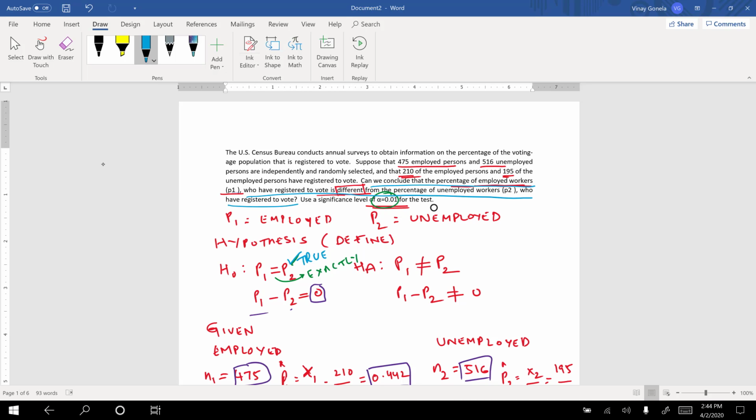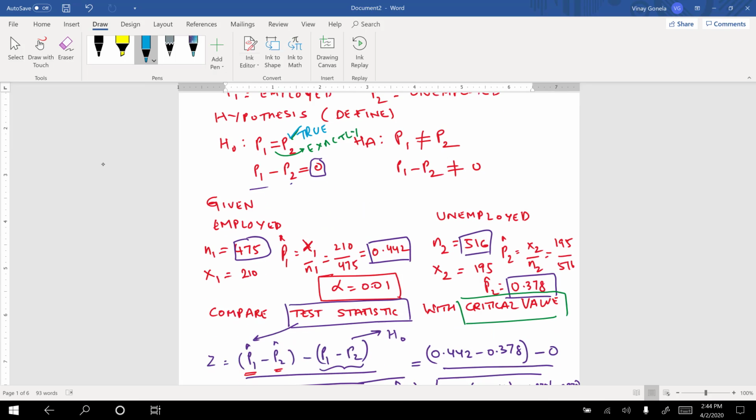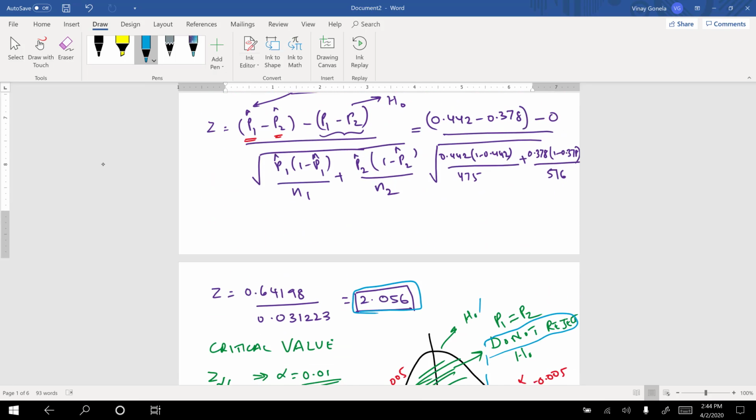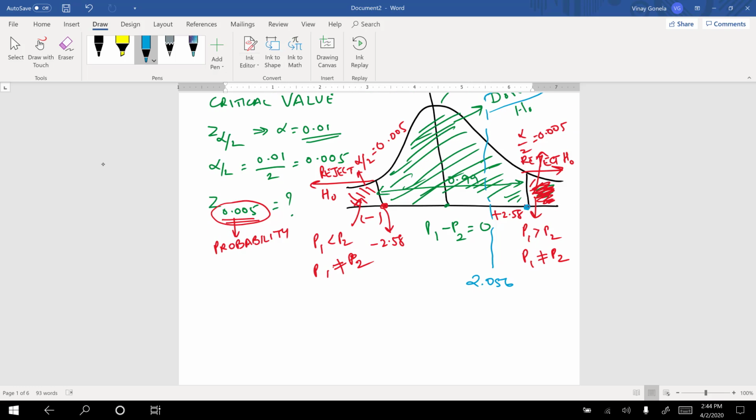No. There is not sufficient evidence to conclude that the percentage of people who are employed is different from the percentage of people who are unemployed. So in this case p1 is equal to p2, so both employed and unemployed have the same percentage.